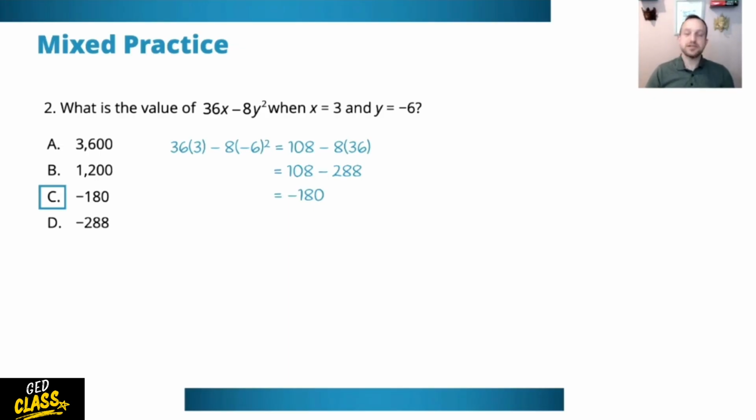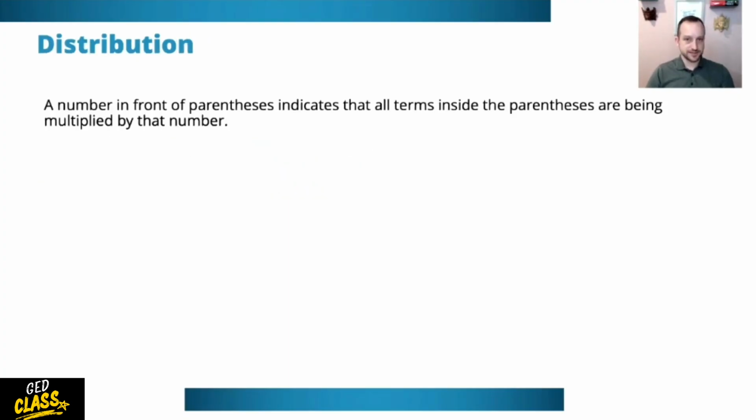Speaking of, distribution is one of the simplest places, maybe, to make a mistake like this. Whenever we're distributing, the most common mistake, and the reason I call it simple, is actually multiplying the first number only and forgetting about the second. Remember, when we distribute, if there are two numbers inside the parentheses, we distribute across both.